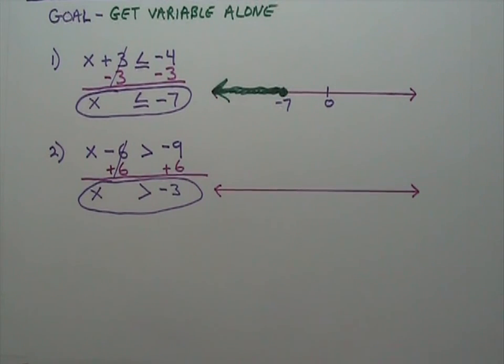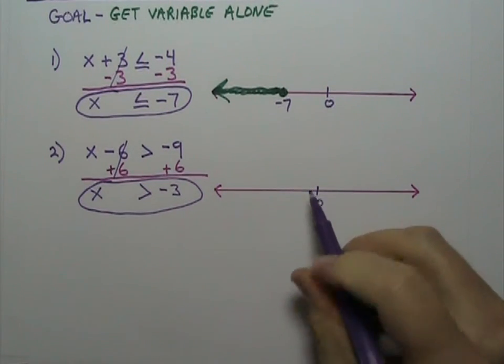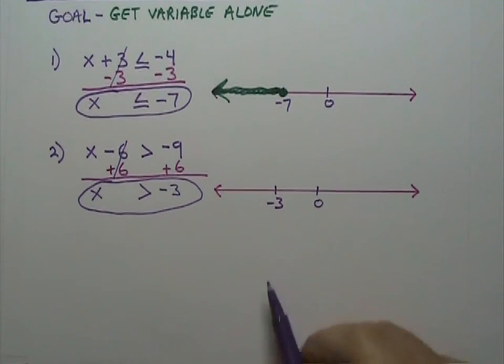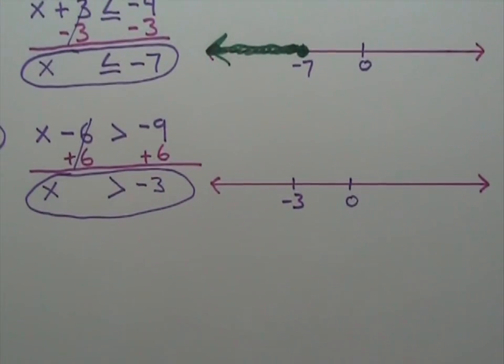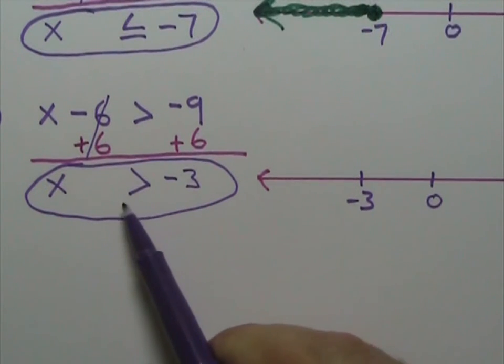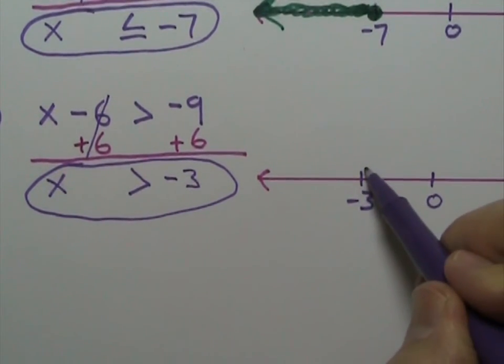So let's draw a number line next to it. And basically you only need 2 numbers, just 0 and -3. Okay, is there any bar there? No. So that means it's an open circle.